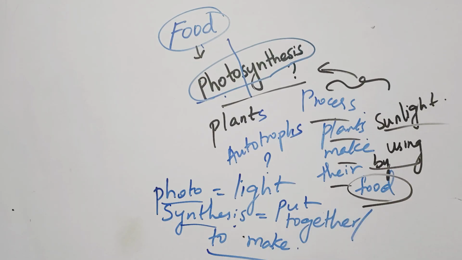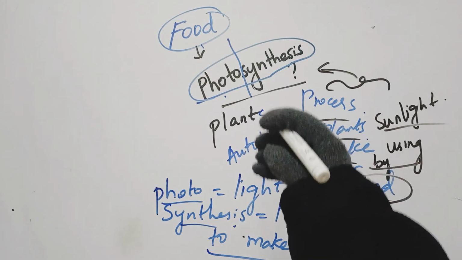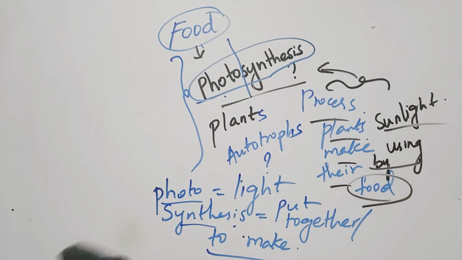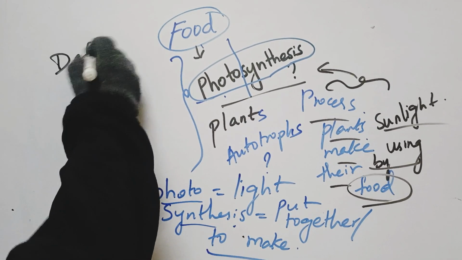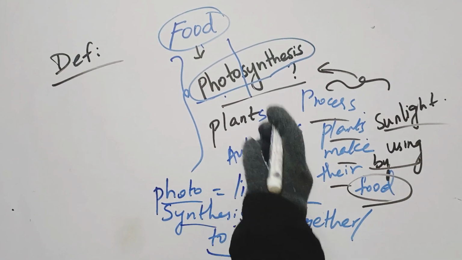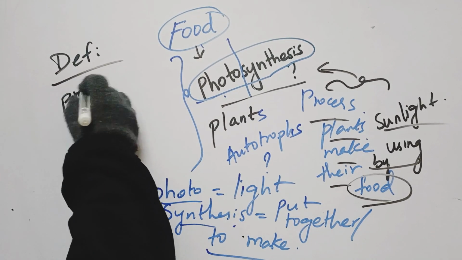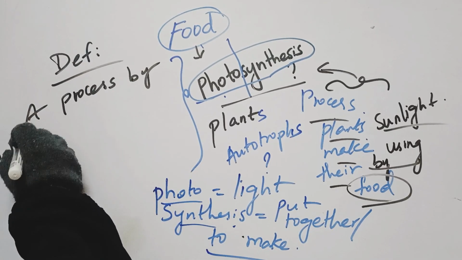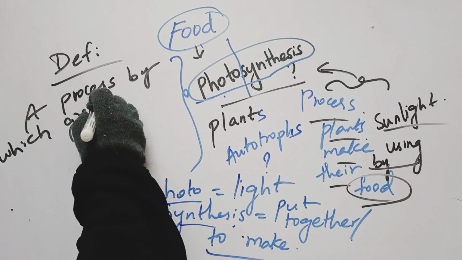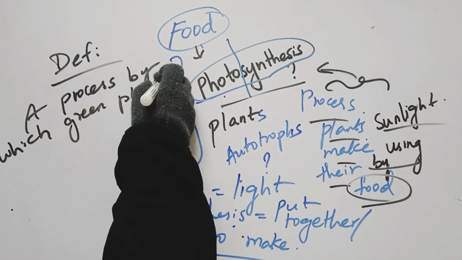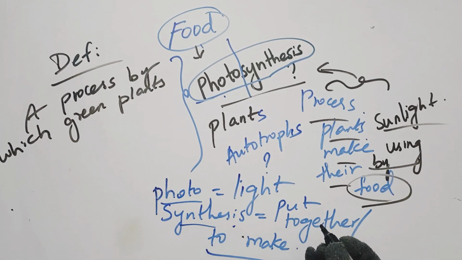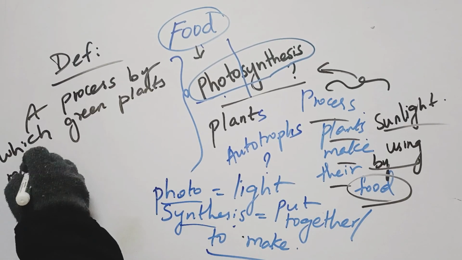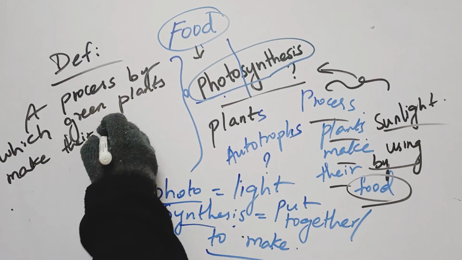But if we go by the textbook definition, we also have to change the definition a little bit. So the definition goes something like this. Photosynthesis is a process by which green plants, plants which are green in color, I'm talking about the textbook definition, make their own food.